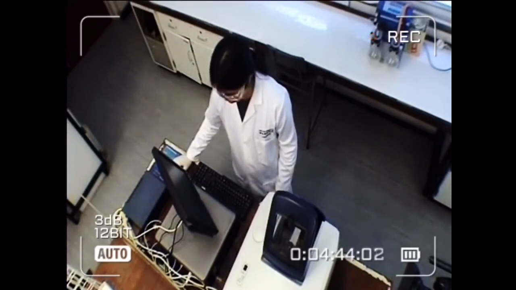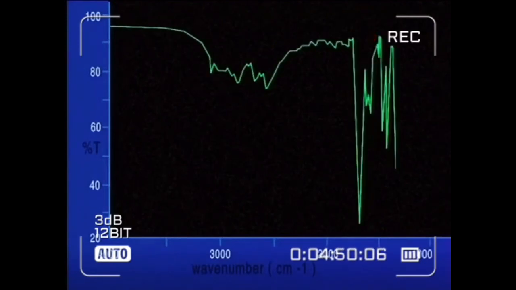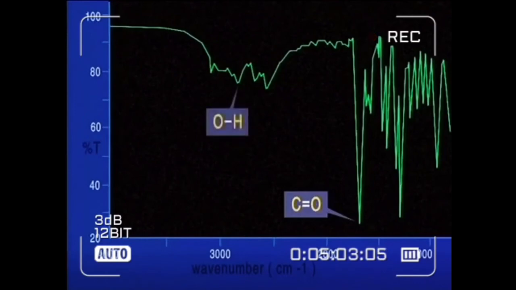The spectrum of the sample is obtained in a few seconds. The wave numbers of the most significant peaks can be labeled onto the spectrum. This helps the chemist to interpret the data. This peak is caused by a stretching vibration of C=O and this by the O-H stretch. These two peaks together suggest that the sample may have a carboxylic acid functional group.